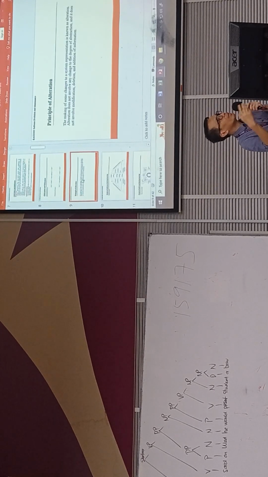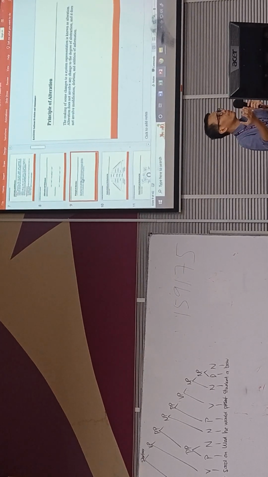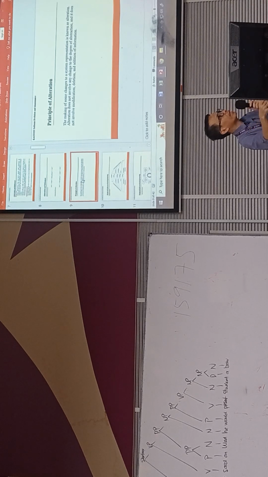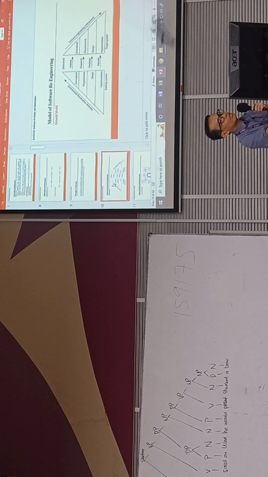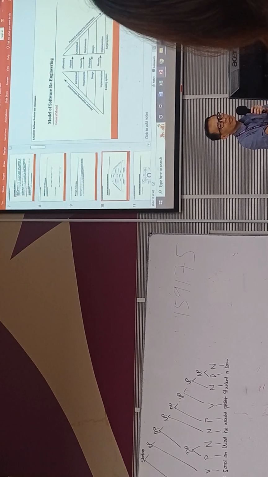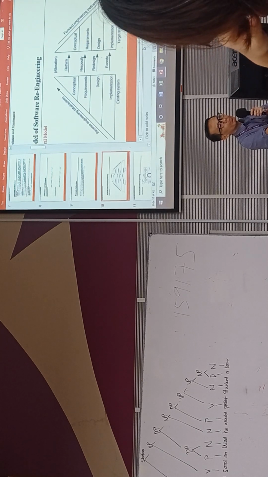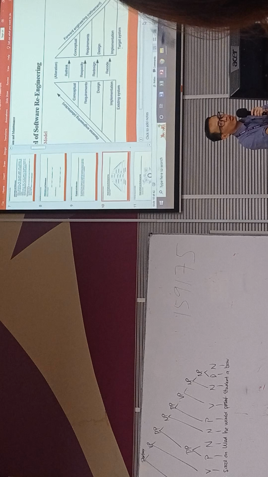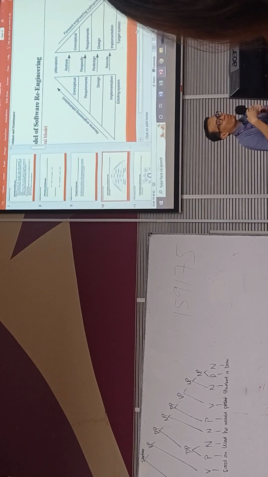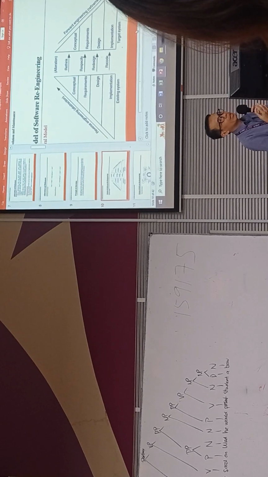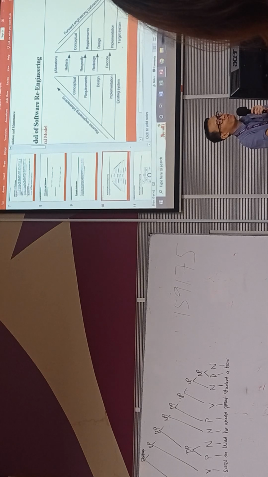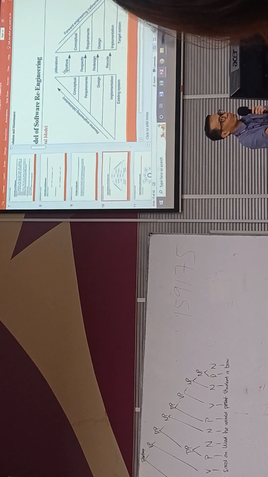Okay, then what is the relationship between these principles and re-engineering? Look at this general model, then you will know already. This is the general model of software re-engineering. When we want to build a new system based on the existing system, first we study the existing system.